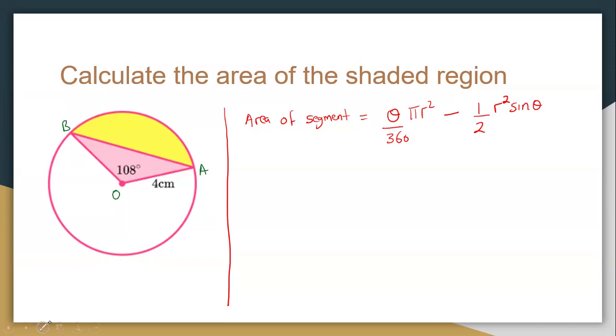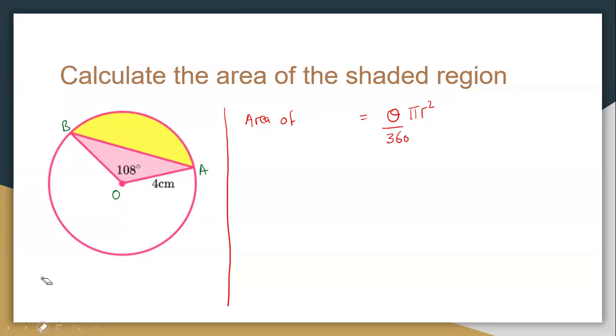Now, I'm going to first work out the sector. The shaded part is the segment. I'm first working out the sector, then I'm going to work out the area of the triangle.